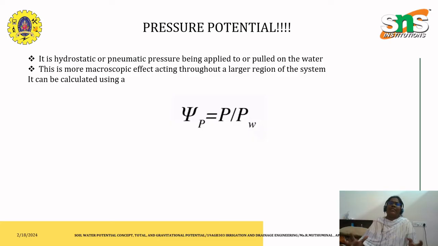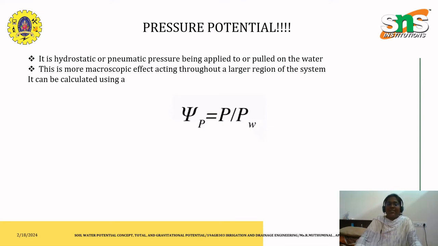That means whenever the water in the soil has a pneumatic or hydrostatic pressure applied over it, it acts as a macroscopic effect. It can be calculated through the relation phi p equals P divided by rho w.